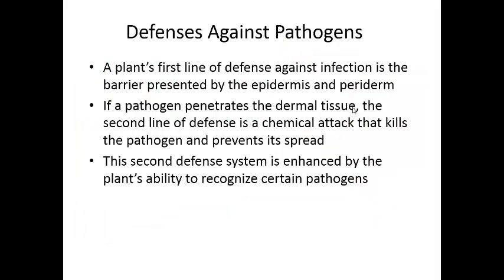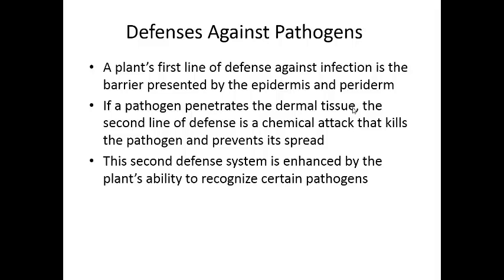Plants also have defense mechanisms against pathogens. They have a very primitive form of an immune system. The plant's first line of defense is its epidermis, the outer layer of its leaves and other tissues. If a pathogen does penetrate the dermal tissue, the second line of defense is going to be a chemical attack that kills the pathogen and prevents its spread.